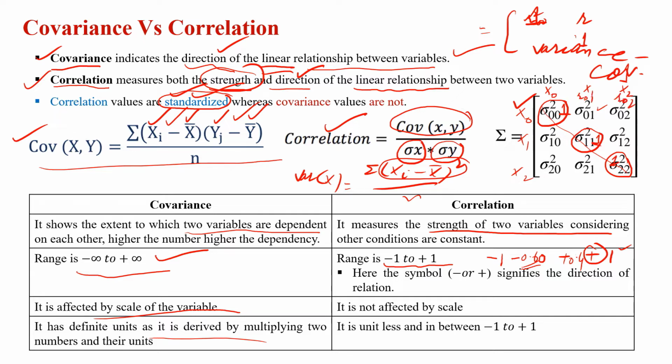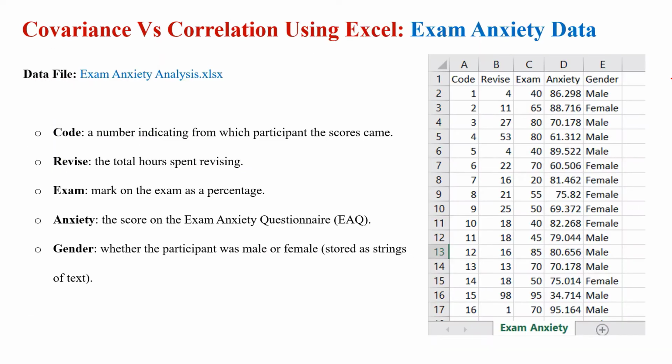That is the correlation between x0 variable and x1 variable, x0 and x2, and similarly x1 and x2 variables. So you can develop the correlation matrix as well as the variance covariance matrix if you have multiple variables.